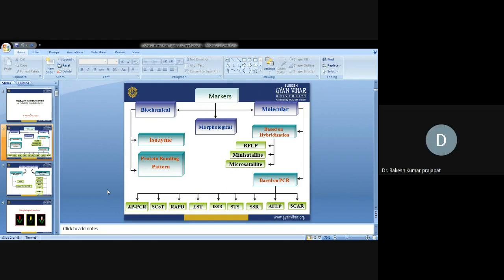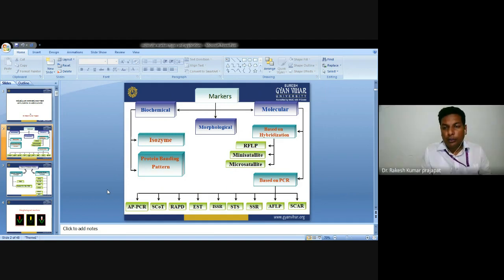Similarly, molecular markers. Later on, when PCR and molecular techniques were discovered, molecular markers came into the picture. The characterization of RNA, DNA, and proteins led to the development of these molecular markers, which generally use recent advanced molecular techniques.